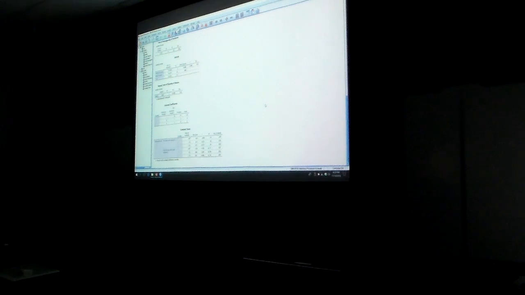Okay. Let's say now though that we got t equals 0.742, t crit with 20 degrees of freedom equals 2.086. Let's say we wanted a confidence interval around this mean, around our point estimate. How are we going to do that?